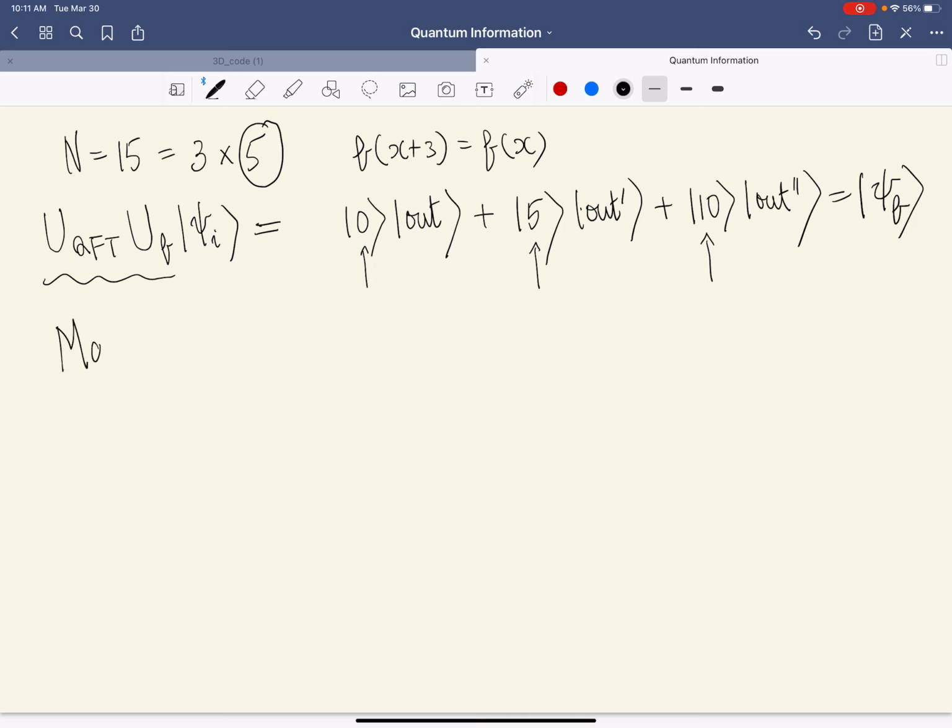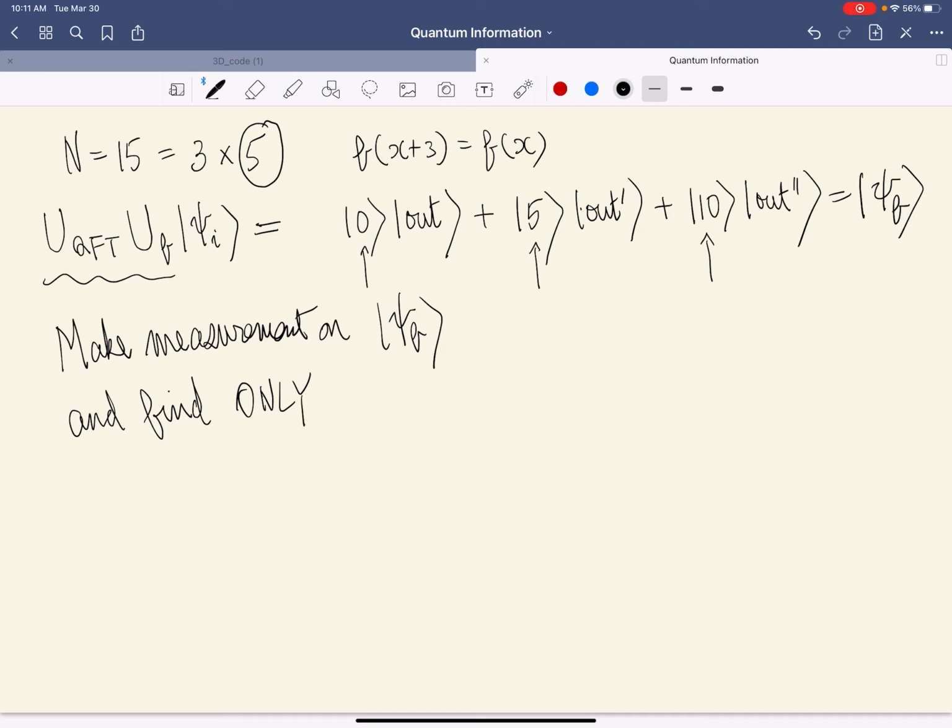Now we can make a measurement on this final state and find that when we do measurements on the input state, we will never find any other state in the input sector but these three, which are all multiples of the integer 5.